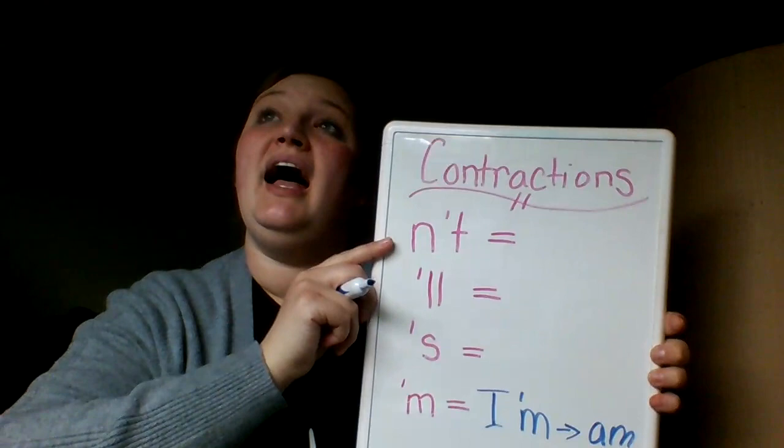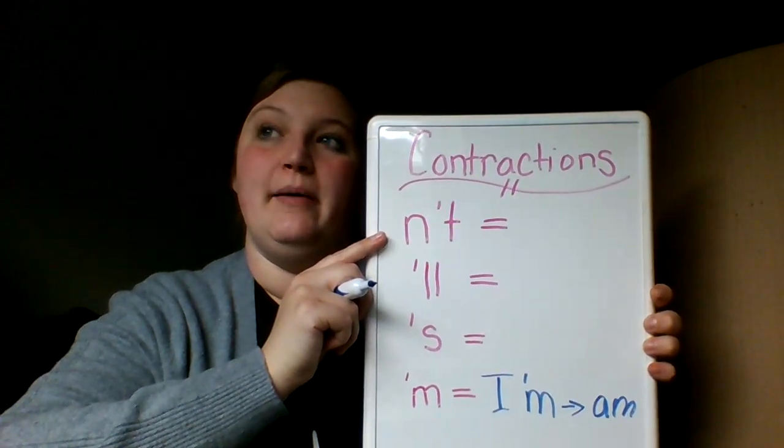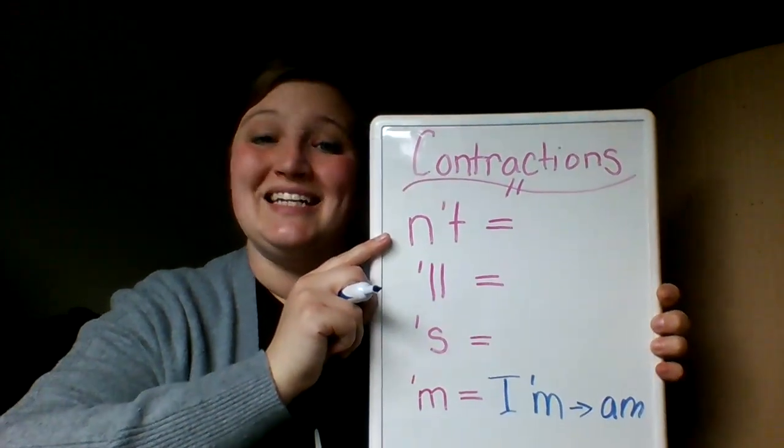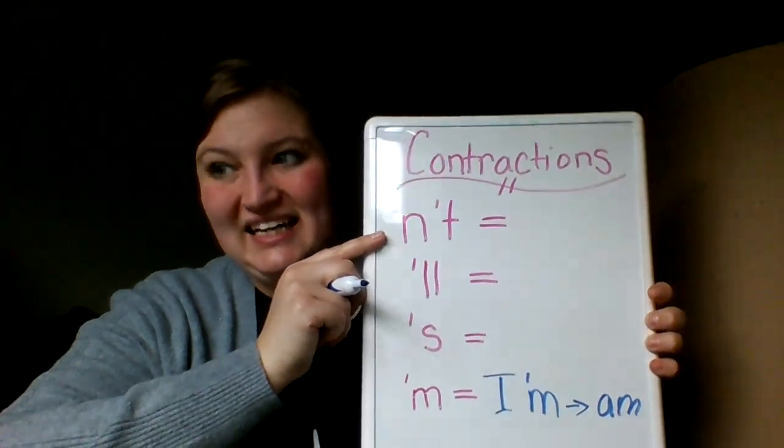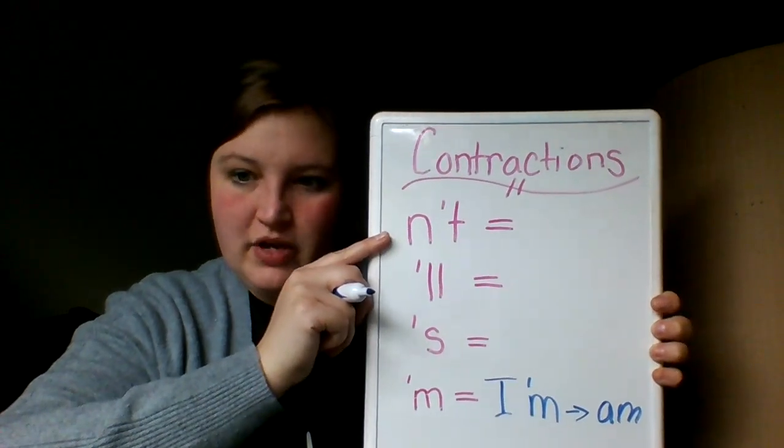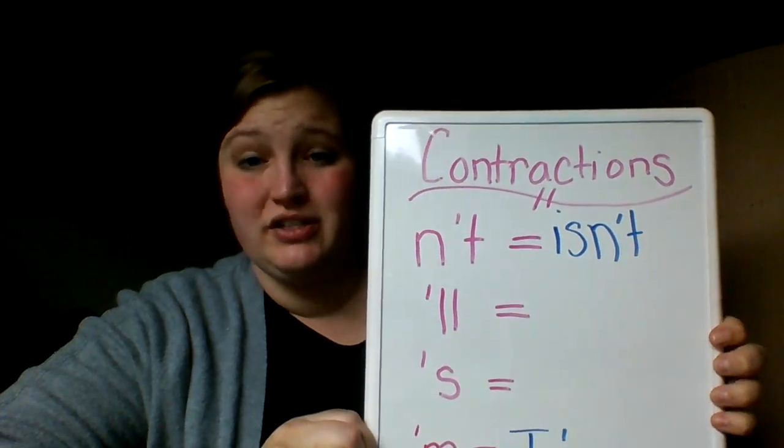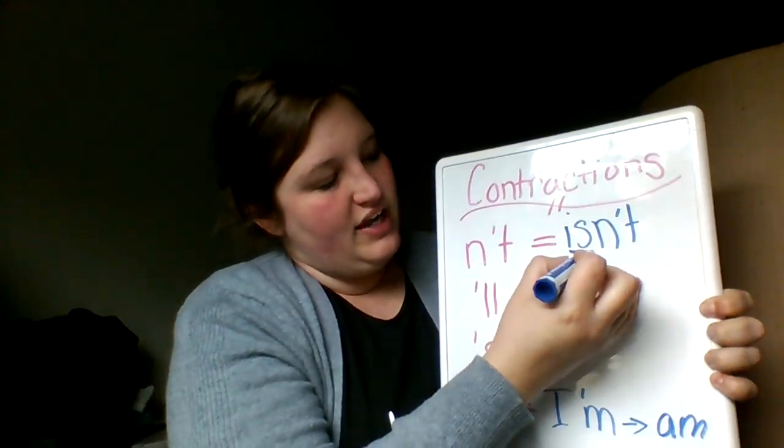So let's try the word isn't. It isn't raining right now. Okay, I'm going to think about the word isn't, and I need to break it apart into my two root words. So obviously I have the word is.